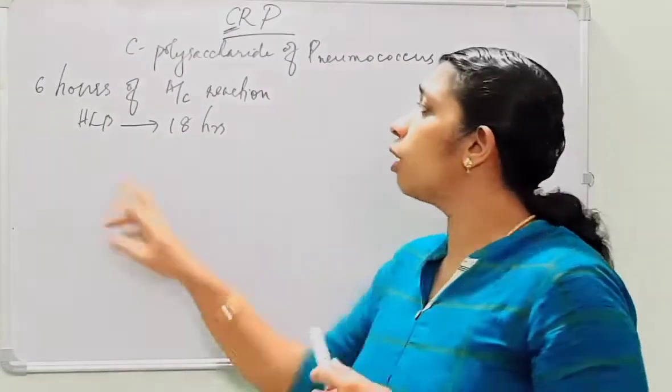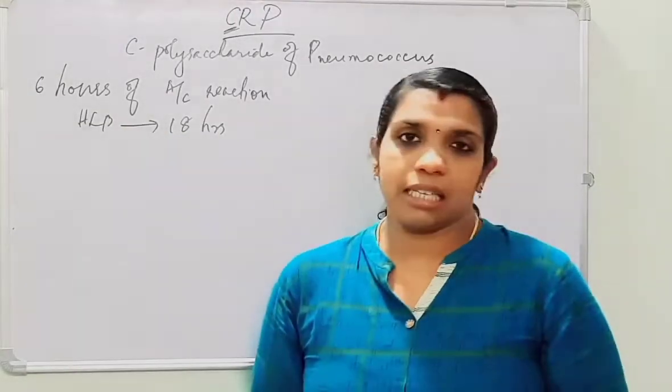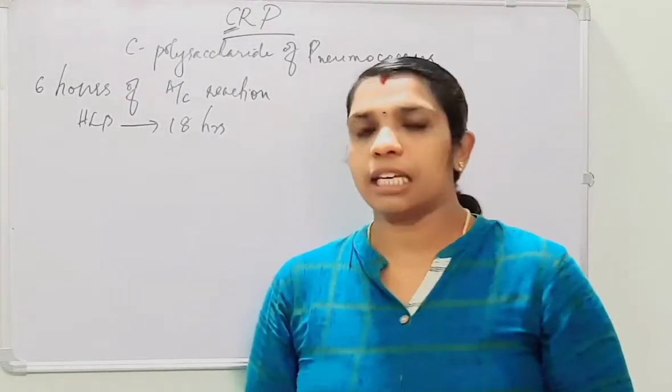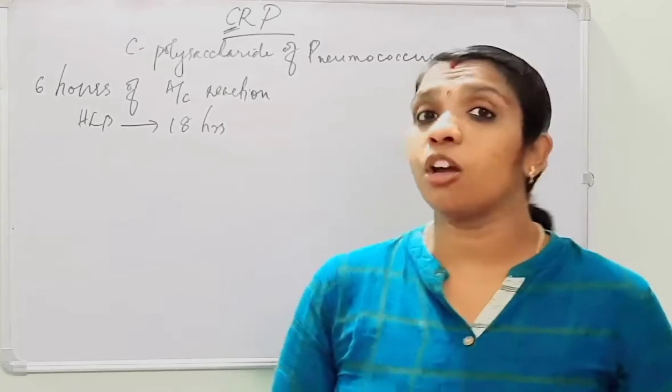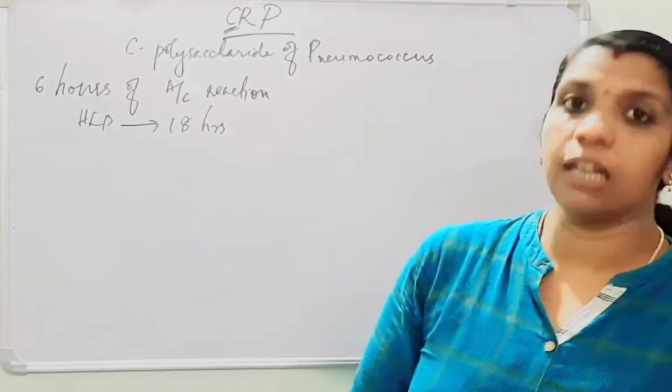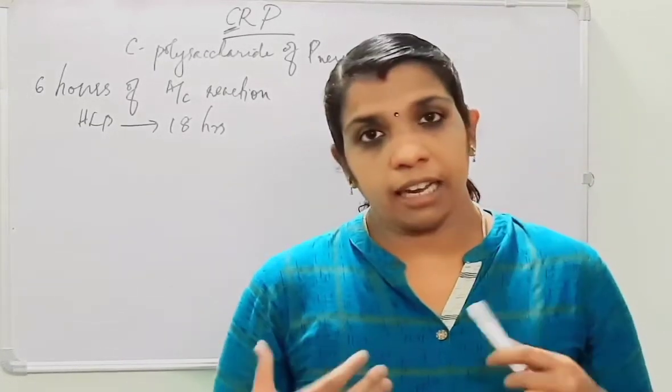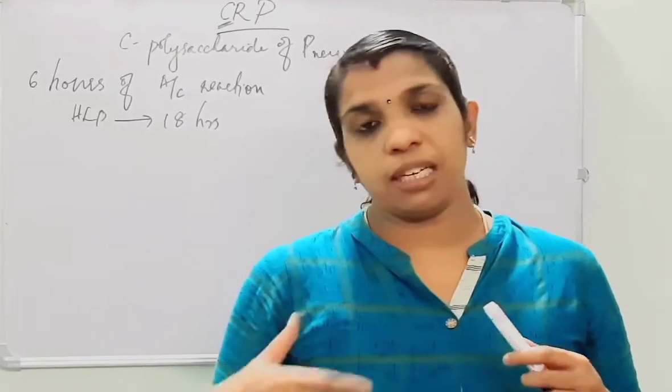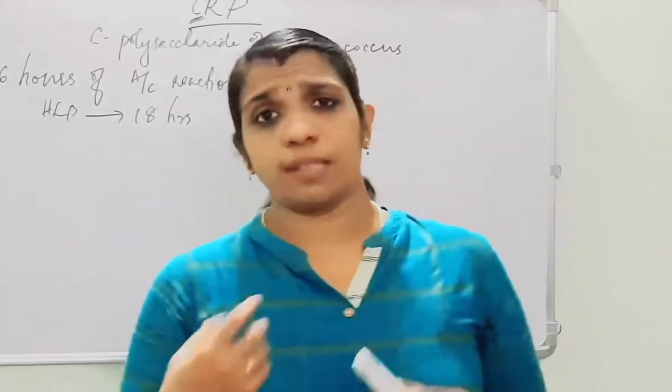Let us see in which conditions this C-reactive protein gets increased. Before that, we will see the normal value of C-reactive protein. I said in the last session that we will be discussing the normal values from standard textbooks.